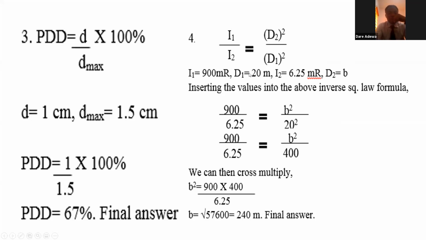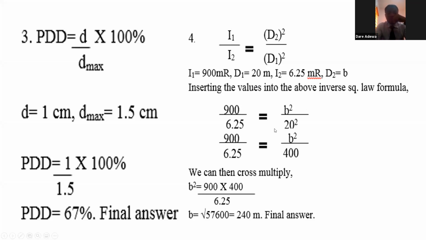And the fourth one is on inverse square law. So it is the same thing. That's I1 is 900 milliroentgen, and D is 20 meter, I2 is 6.5 milliroentgen. Roentgen is used to measure exposure, and meter for distance. So now these are your values.